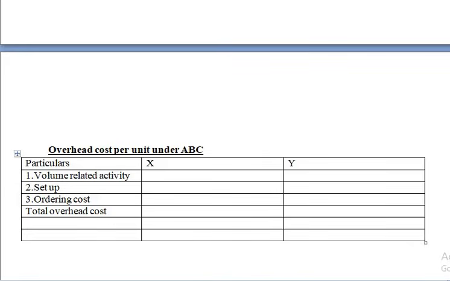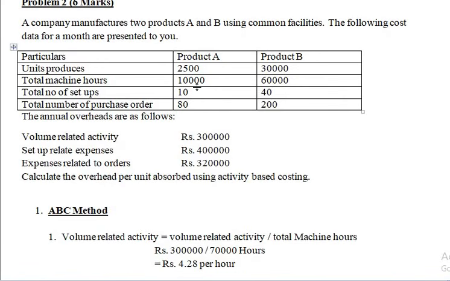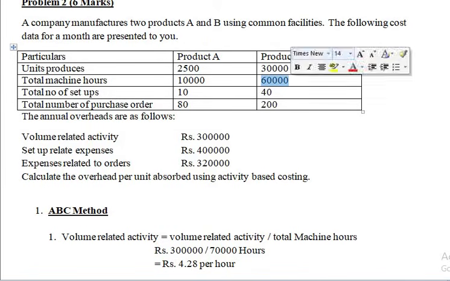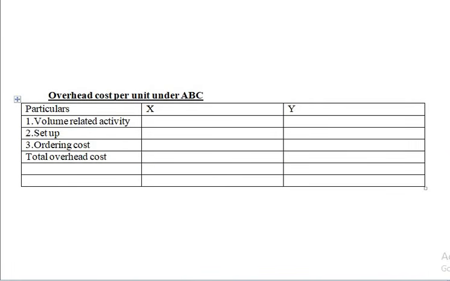So for product A, the number of machine hours will be 10,000 hours, and for product B 60,000 hours.